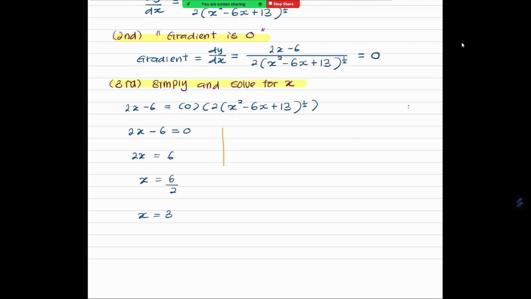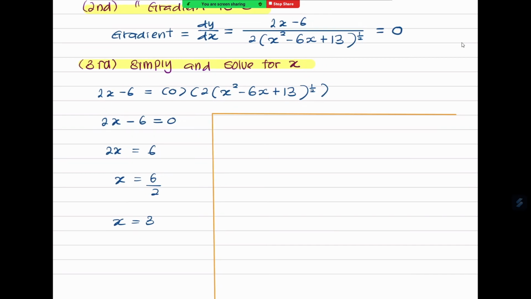Let me finish this whole thing in this tiny little square, trying to put it all on one page. Now the fourth and final step: what you need to do is just substitute x equals 3 into y, and your y will resurface.